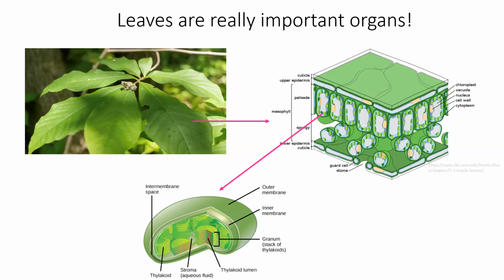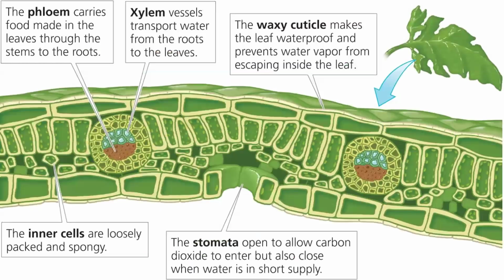Now our chloroplasts are located within the mesophyll, which is that middle layer. So again, that's what I'm trying to point out here. And leaf structure is really optimized for this process of photosynthesis. The different characteristics that it has, including the vascular tissues such as the xylem and the phloem, which carry the products and the reactants of photosynthesis up and down from the roots.